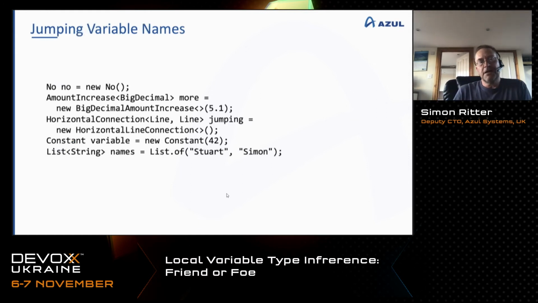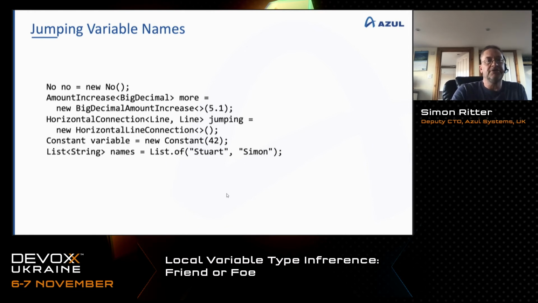Jumping variable names. Again, this is sort of related to what we had with the try with resources block. But again, it's about simplifying code and making it easier to see what's going on. And again, what I've done here is I've used quite long type names, quite long class names, and so on.